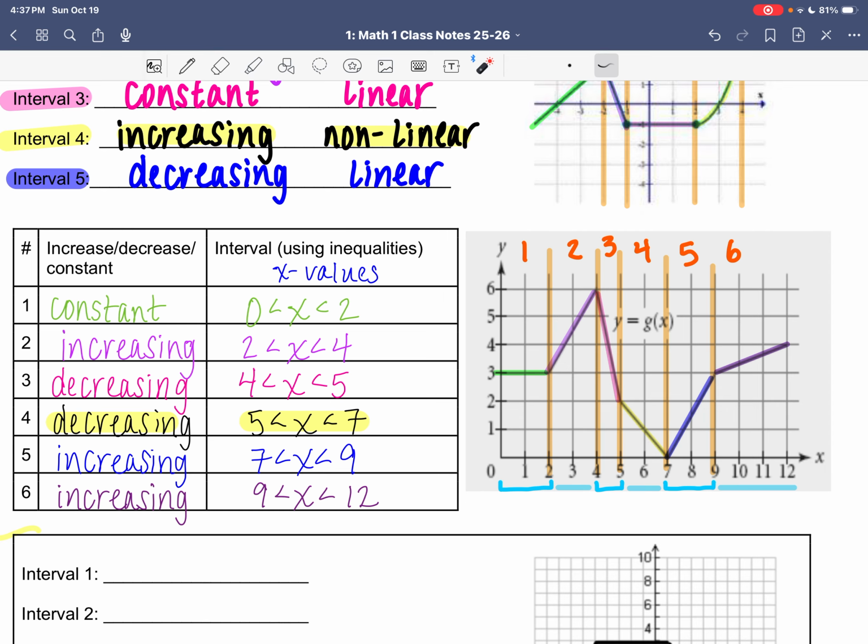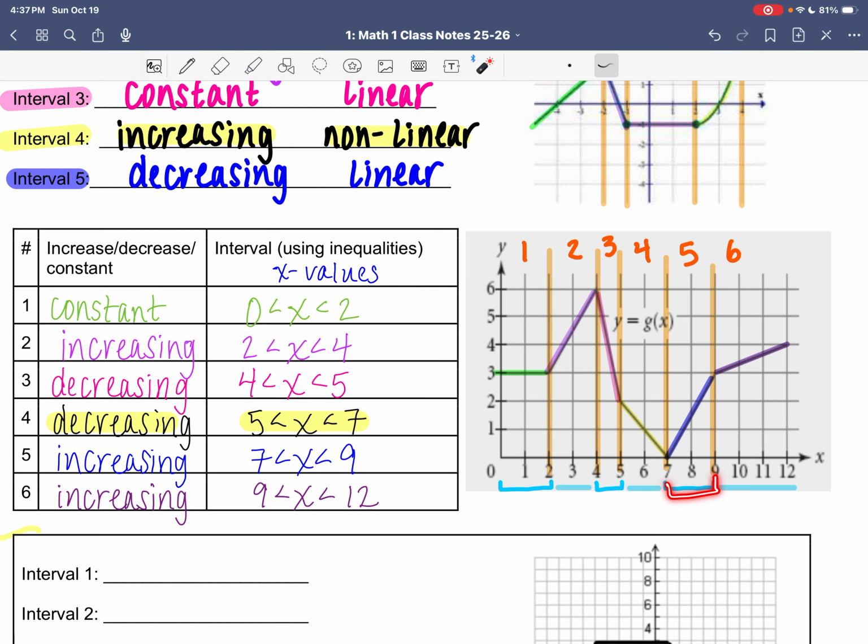All right, and then for 3, it's this part right here, and this is from 4 to 5 on your x-axis. So that's why we put 4 is less than x, which is less than 5, and it's decreasing. And then we're going to continue to decrease, but it's a change in the slope or change in direction. So this is from 5 to 7.